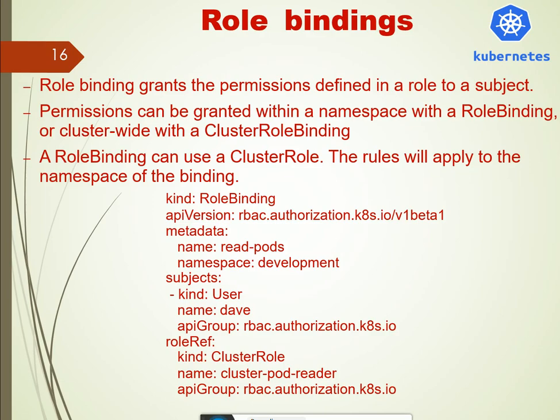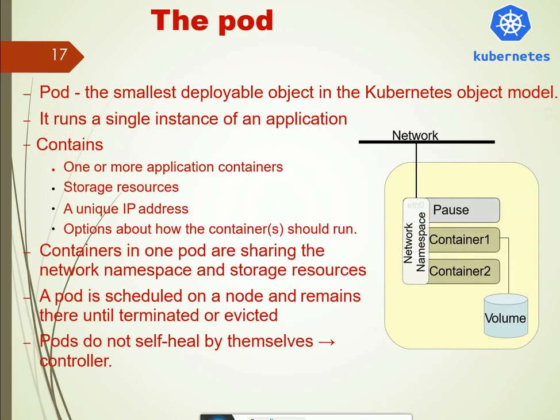Now proceed to the next thing. The pod. As earlier we had discussed, pod is the smallest deployable object in the Kubernetes object model. It runs a single instance of an application. It contains one or more application containers, storage resources, a unique IP address, options about how the containers should run.